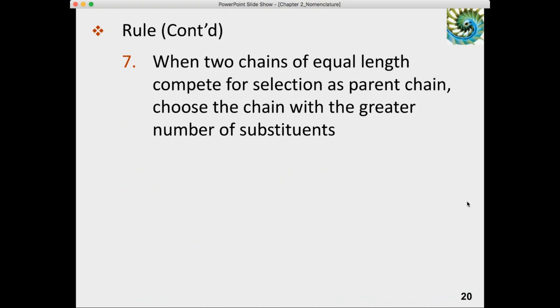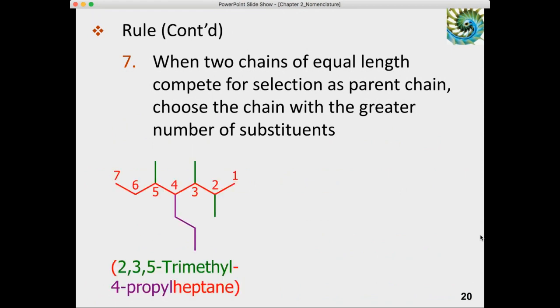Another scenario is when you encounter a compound in which, to select the parent chain, you have 2 carbon chains with the same number. So here is an example. In this compound, you have 1, 2, 3, 4, 5, 6, 7.